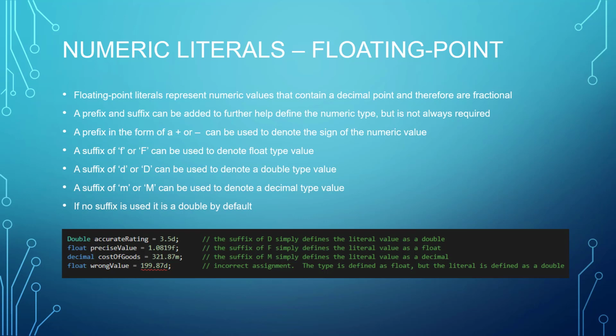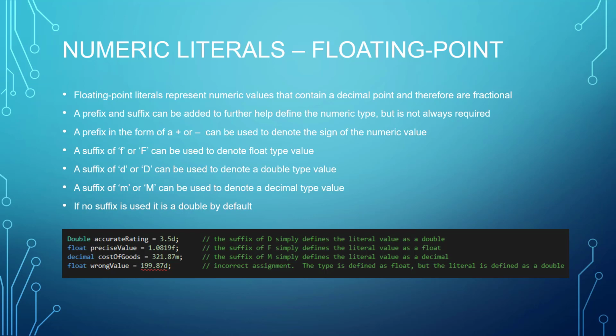But what if we declared precise value at the top of our code file and we didn't assign a value to it until the bottom of the code file, and you couldn't see that it was of type float anymore? At that point in time, you may want to use a suffix to help the programmer understand, or remind yourself, that this value is of type float.